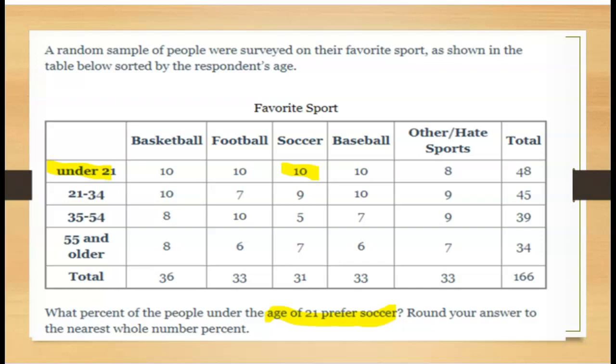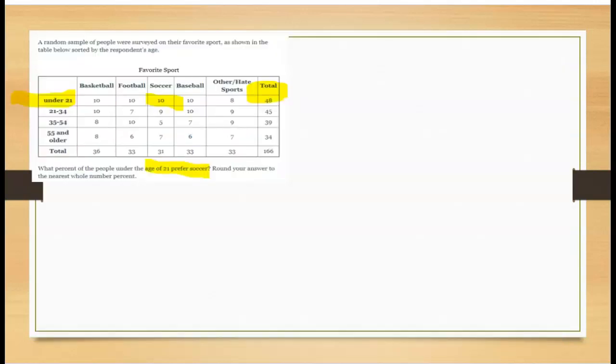You're going to need to know the total amount of people under 21 that were surveyed, which is 48, and then how many people liked soccer, which is 10. In order to find a percent, you take the part that you know, the soccer amount, divided by the total amount of people in the under 21 category, which is 48.